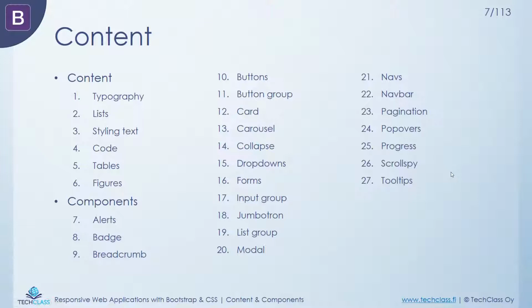So in this part of the course, first we're gonna see how we can deal with content, typography, lists, styling text, code, tables, and then figures, and then Bootstrap-specific components such as alerts, badge, breadcrumb, buttons, button group, card, carousel, collapse, dropdowns, forms, input group, jumbotron, list group, modal, navs, navbar, pagination, popovers, progress, scroll spy, and tooltips.